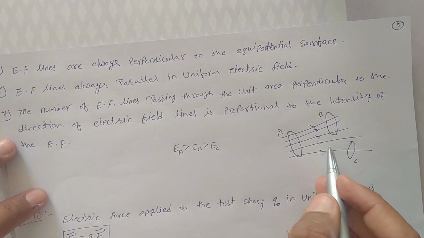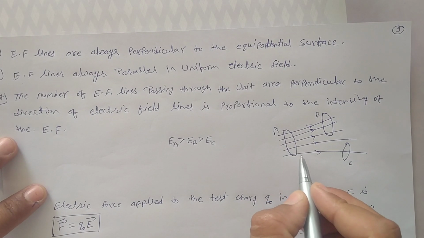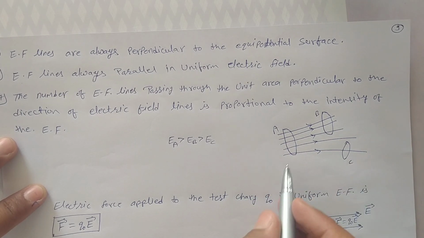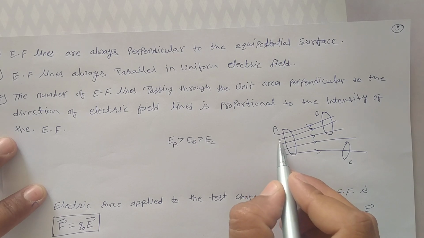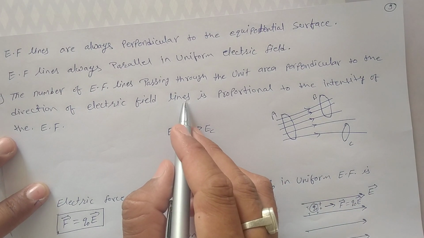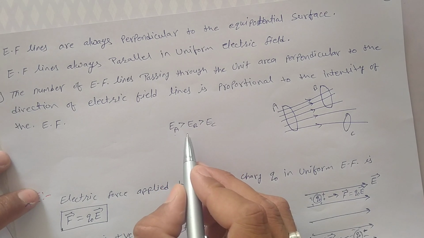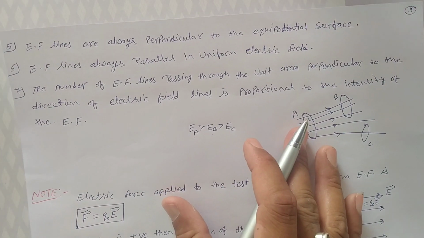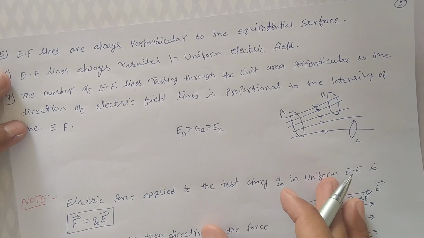Suppose we have an electric field like this and some areas perpendicular to the direction of the electric field, A, B and C. We can see that the electric field lines passing through A are much more compared to C. So according to this point, we can say that EA is greater than EB is greater than EC. Okay, these are some properties of electric field lines.